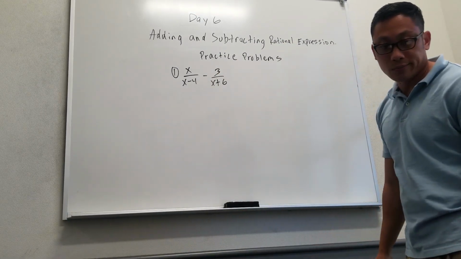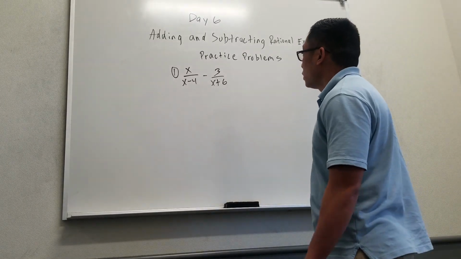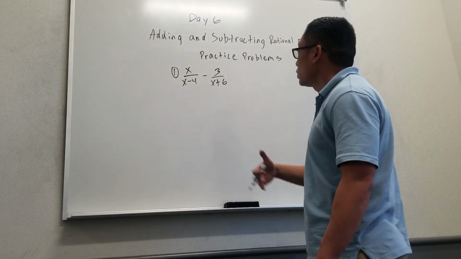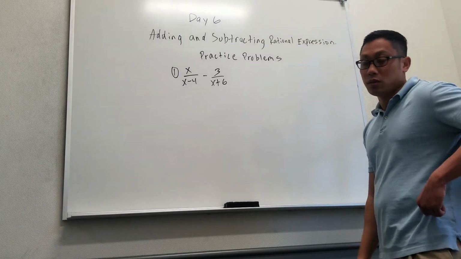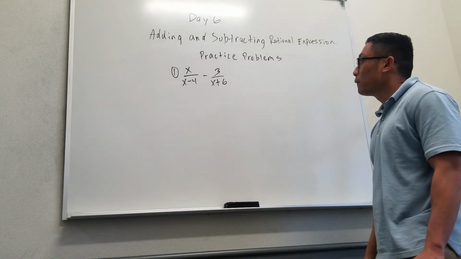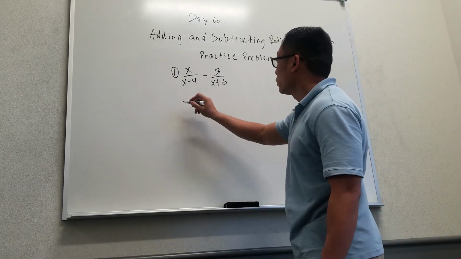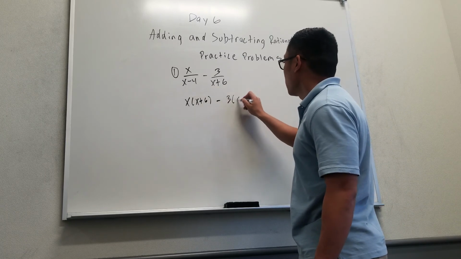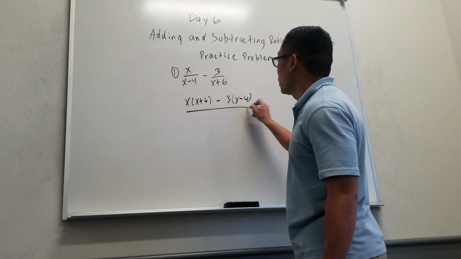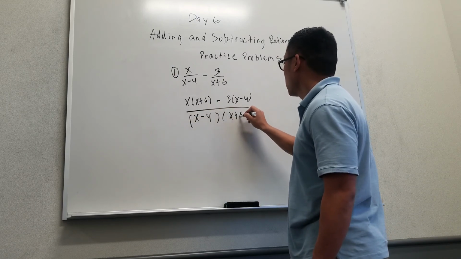Alright. So with LCD, you're gonna notice I'm gonna start skipping more steps. But try it out, pause the video, make sure you can do it. So LCD is x minus 4, x plus 6. So we gotta multiply this by what's missing, which is x plus 6. This one I'm missing x minus 4. Combining everything, you have x minus 4, x plus 6.